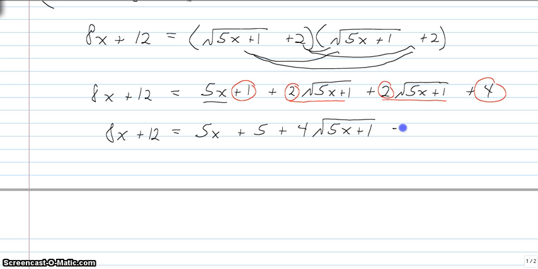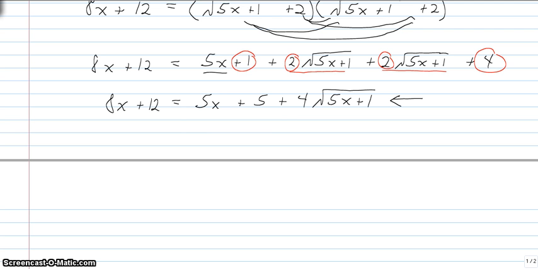So at this step, we want to get the one radical by itself, so I need to remove these two terms. So subtract on both sides.